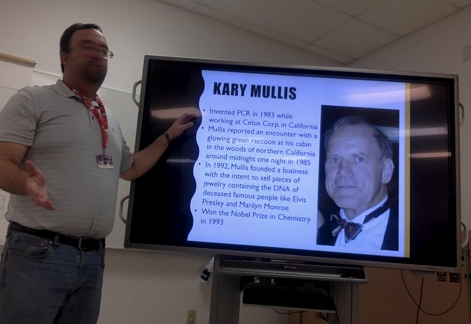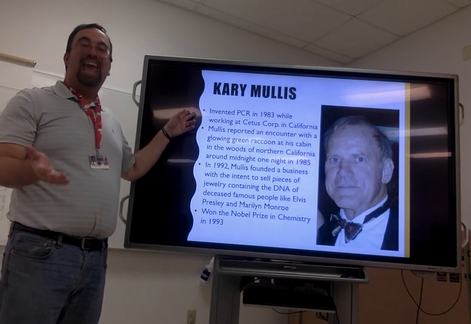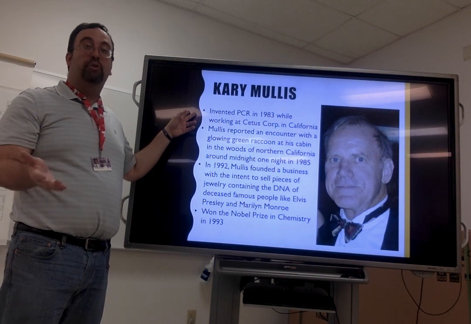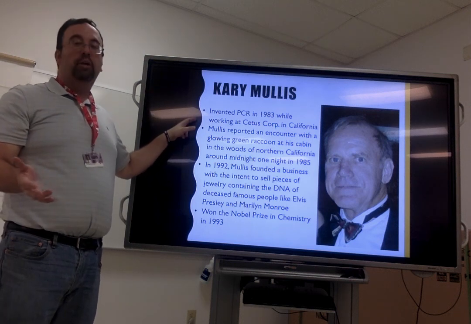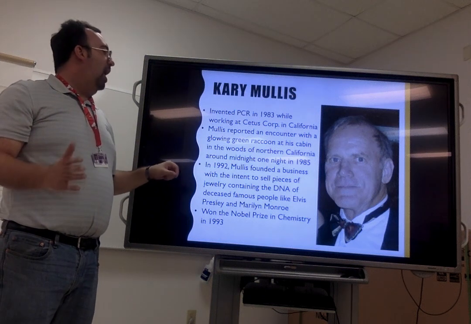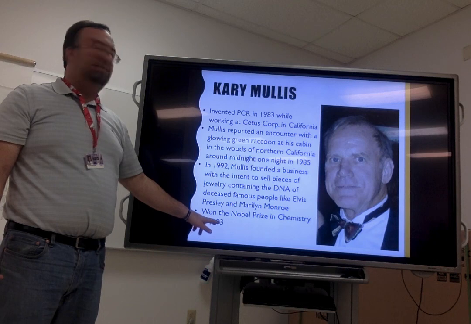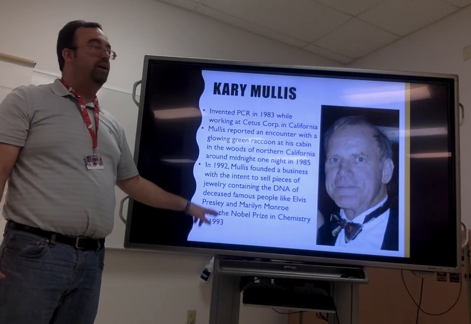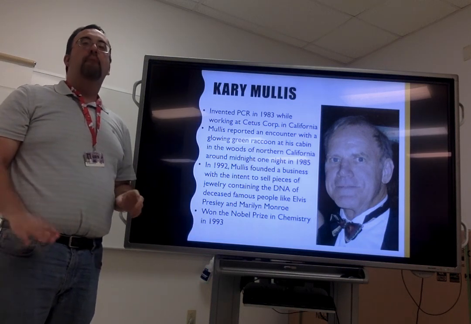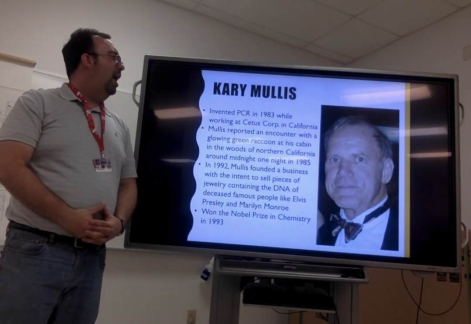This gentleman invented polymerase chain reaction in the year 1983, so about 30 years ago, while working for a company in California, the Cetus Corporation. He did, in fact, win the Nobel Prize in Chemistry in 1993 for developing this work, but I kind of wanted to point out a few little quirks about this gentleman.